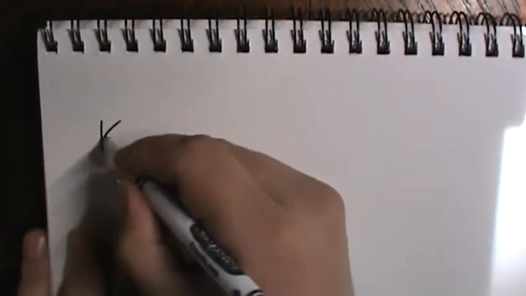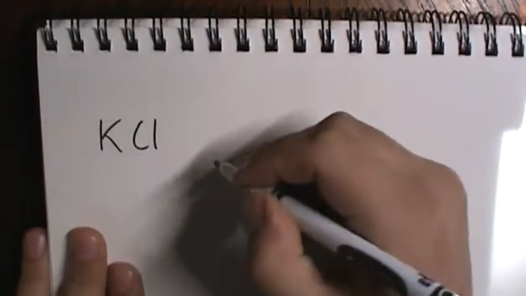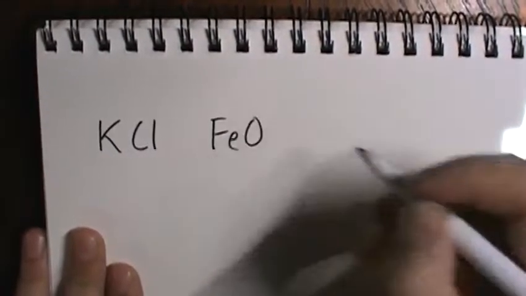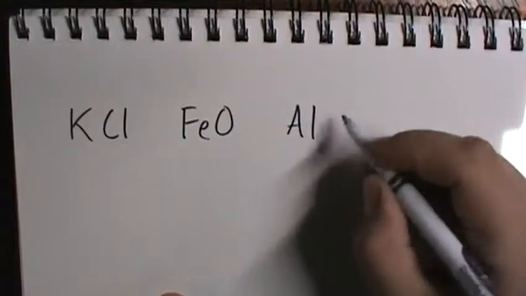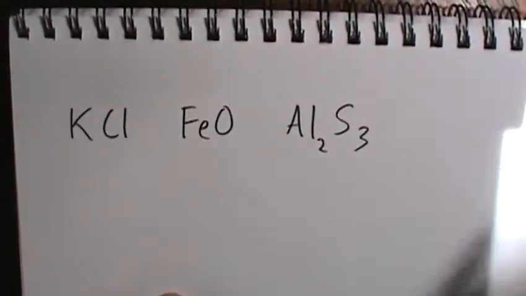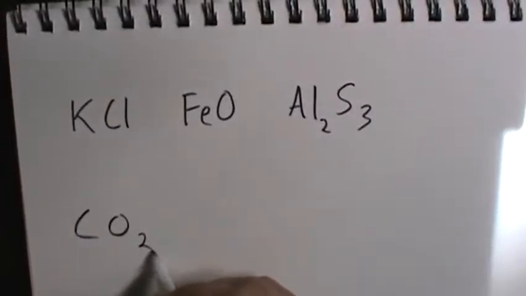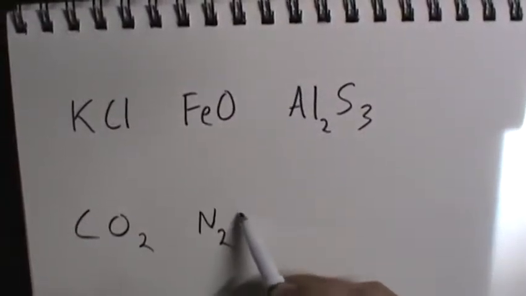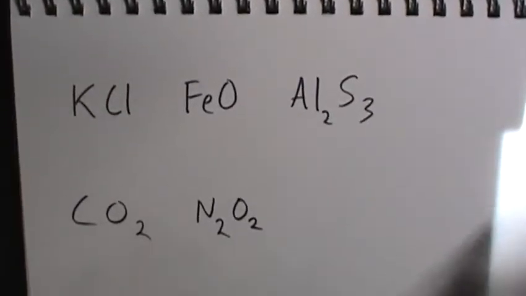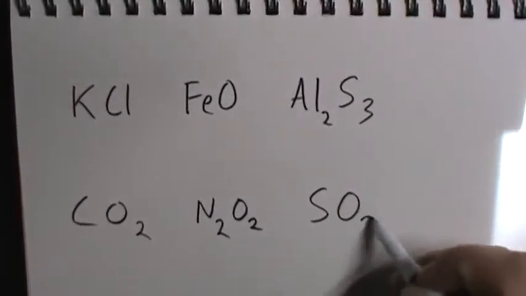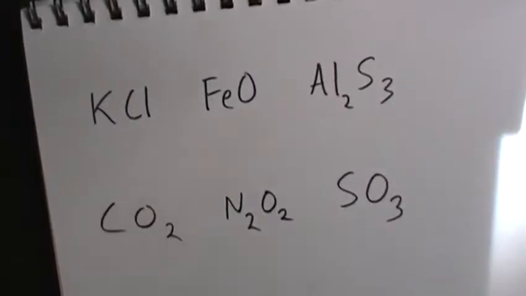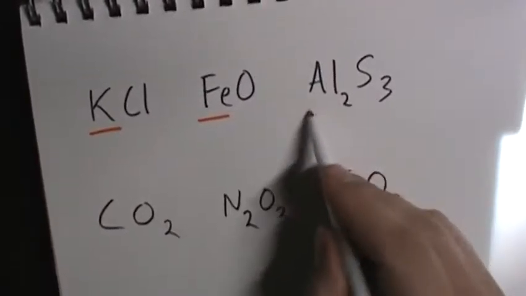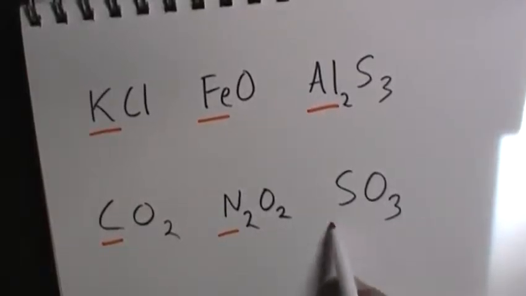So, if I write a series of compounds, let's say potassium chloride, iron 2 oxide, aluminum sulfide, carbon dioxide, dinitrogen dioxide, and sulfur trioxide. We look at the identities of the first elements. So potassium, iron, aluminum, carbon, nitrogen, sulfur.